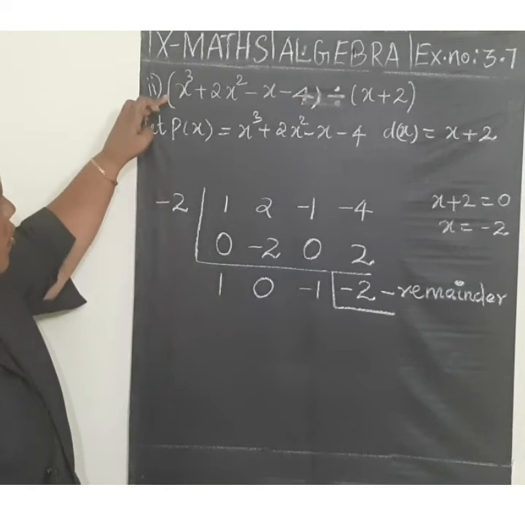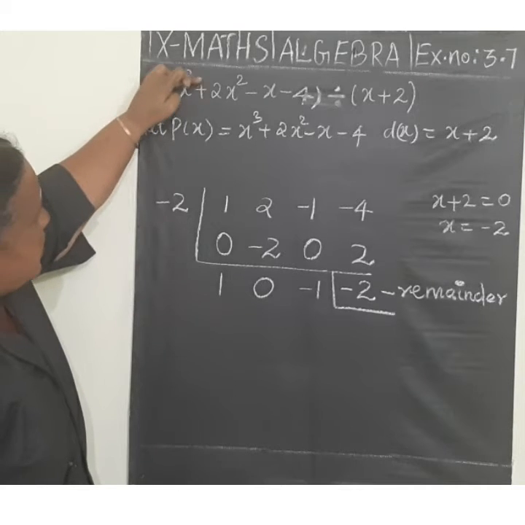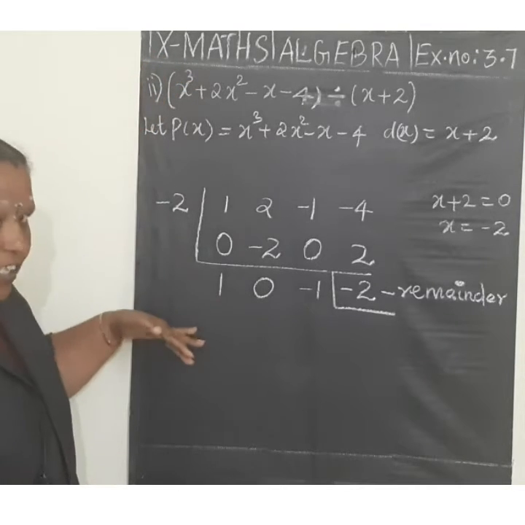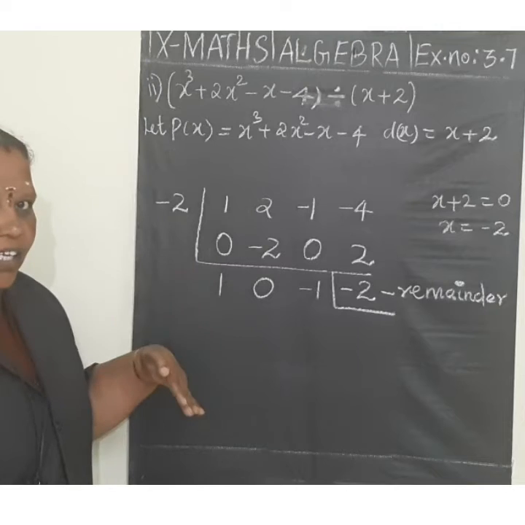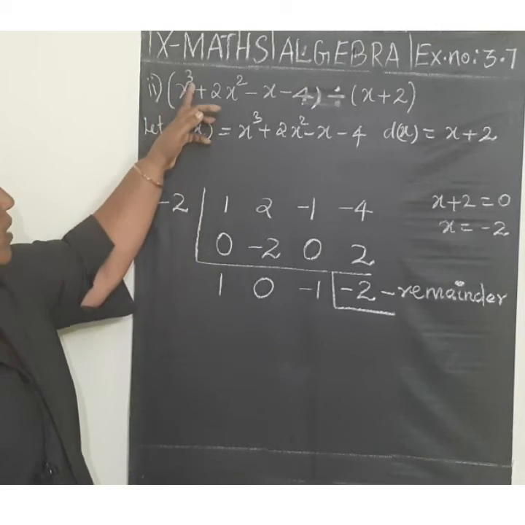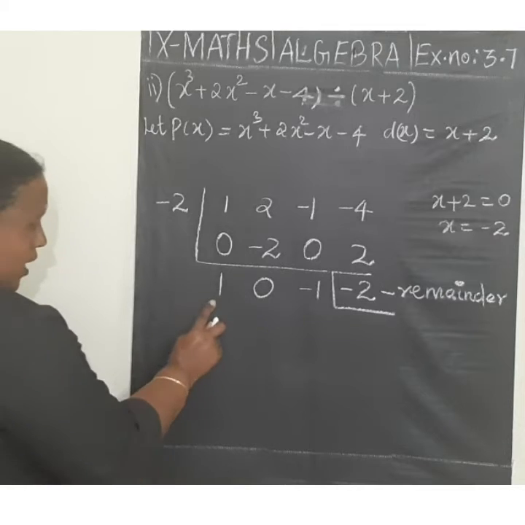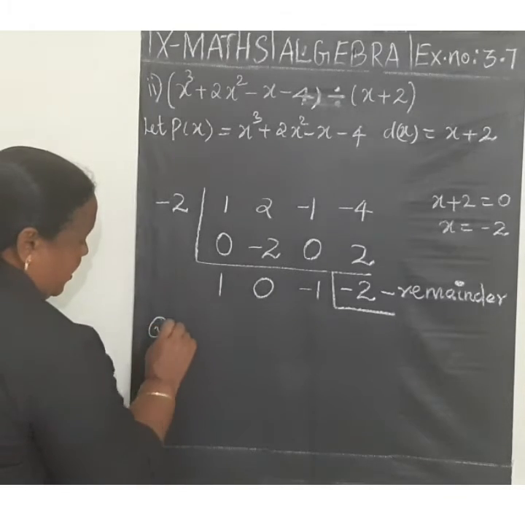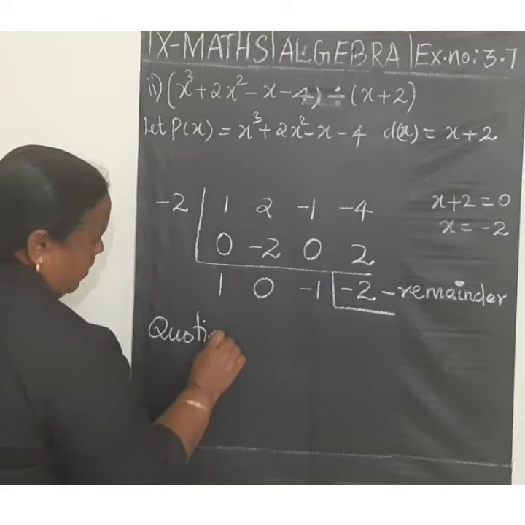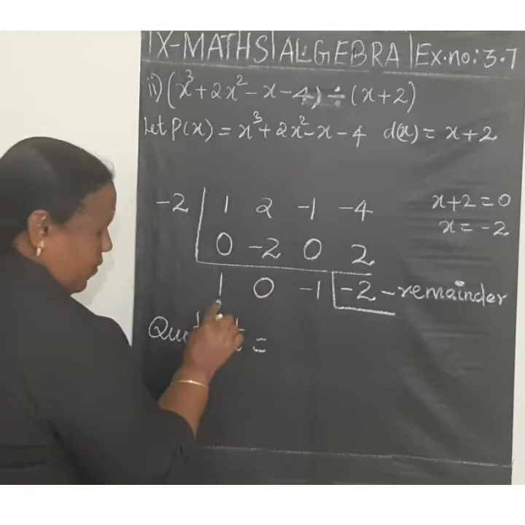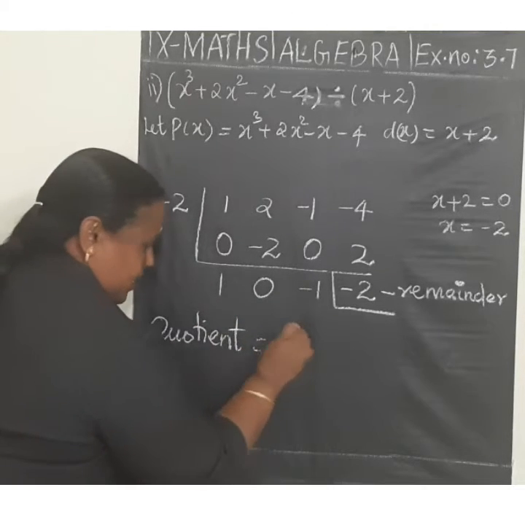Next, the remaining portion we have to consider as the quotient. Now in the given polynomial, the highest power is 3. So when we are writing the quotient, we have to reduce 1 from that. So 3 means we have to write an x square term. The quotient is equal to, here 1 means we consider it as x square.